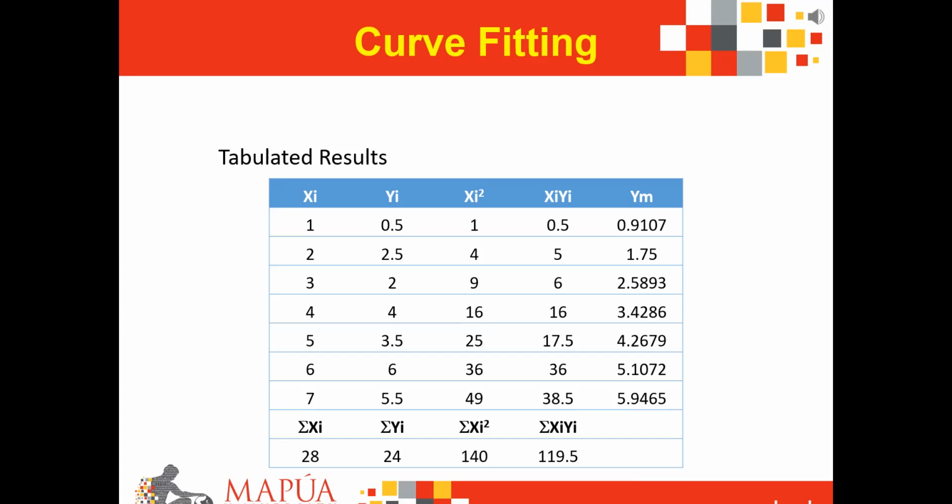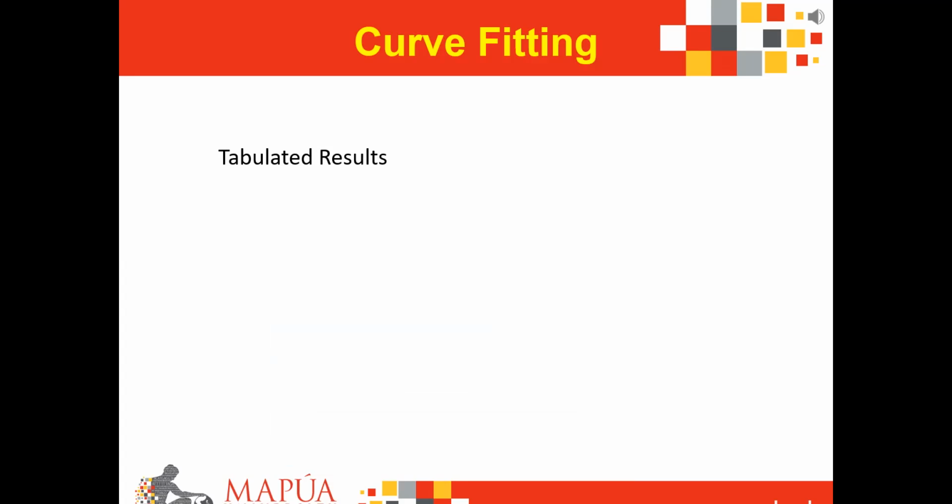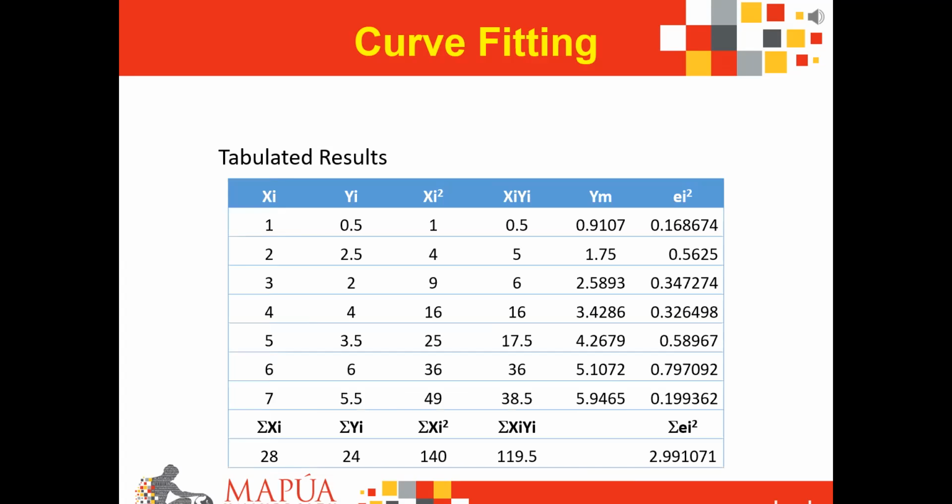To solve then for the error, each individual yi is subtracted by your ym. That results in the difference between the actual value and the model value of y. Thus, ending up with a tabulated solution for your error like this.